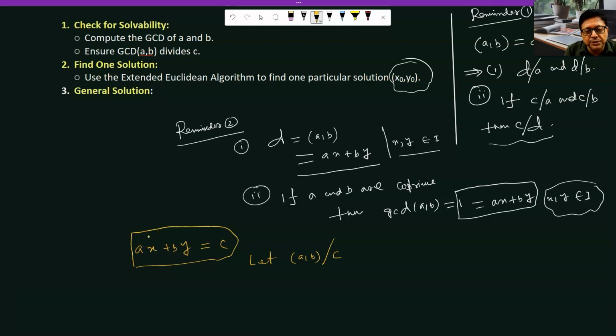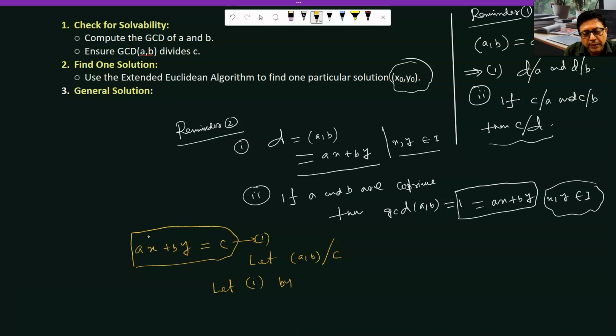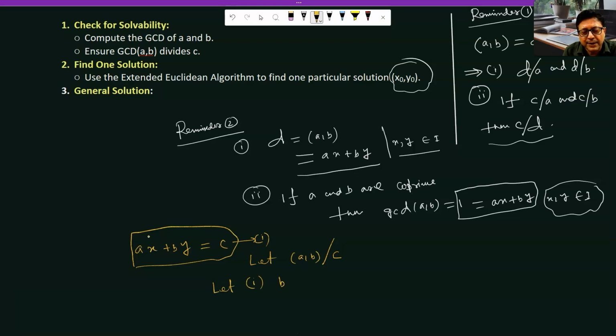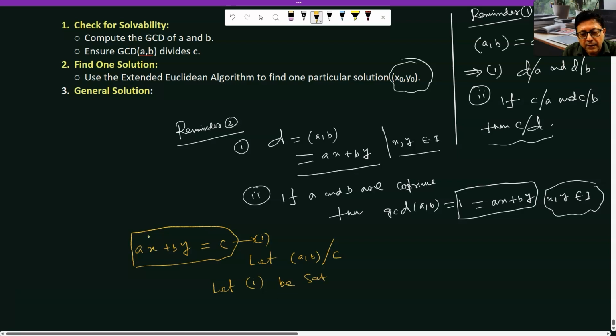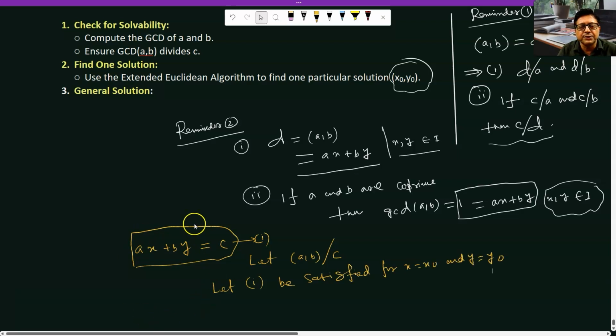Find one solution. That will be referred to as, let this equation 1 be satisfied for x equal to x0 and y equal to y0.